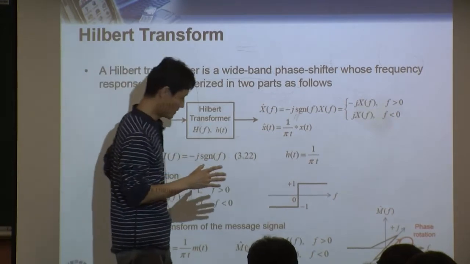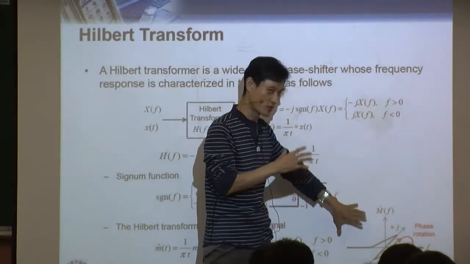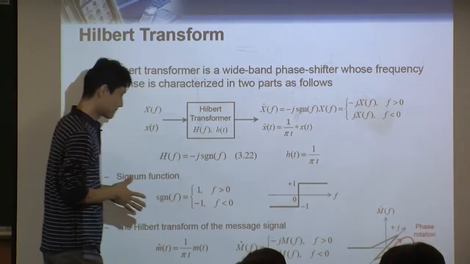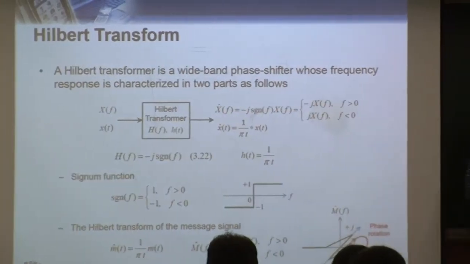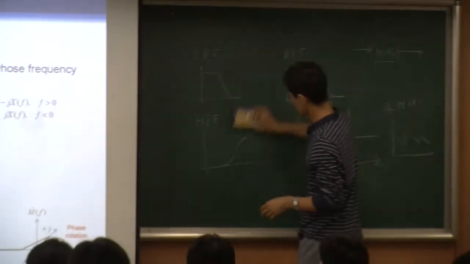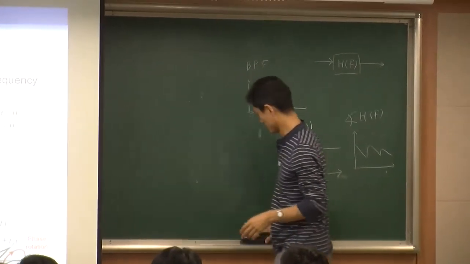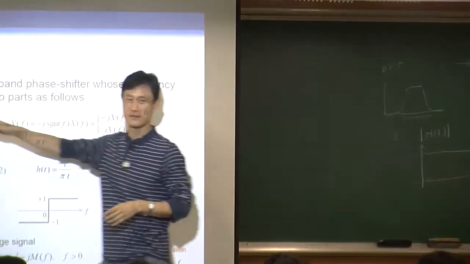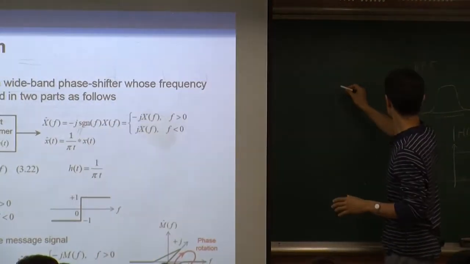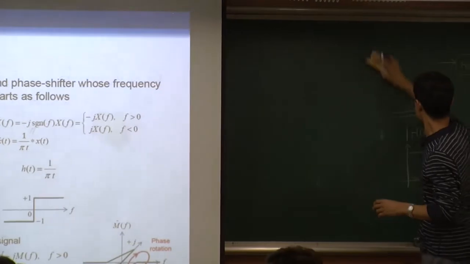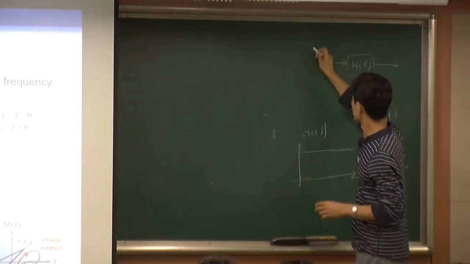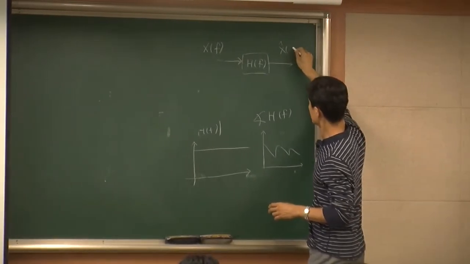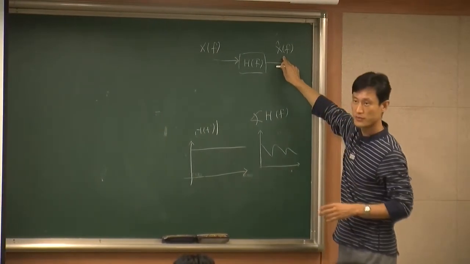Okay, let me tell you what this means in a graphical way, just to help you understand. Here's what it basically means. Let's say our original input is x(f), and x hat(f) is our output, right?